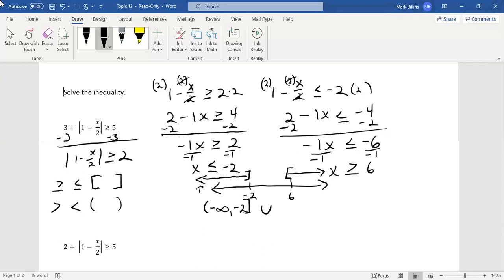Now for my second interval, my point furthest left is 6, and my graph continues indefinitely to the right, or to infinity. Infinities always have parentheses. Now 6, since my inequality is greater than or equal to, would be included in my solution.